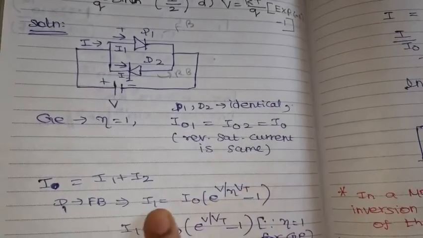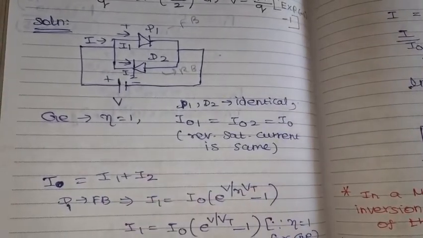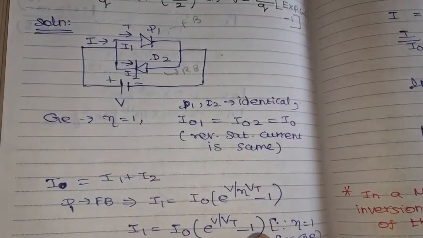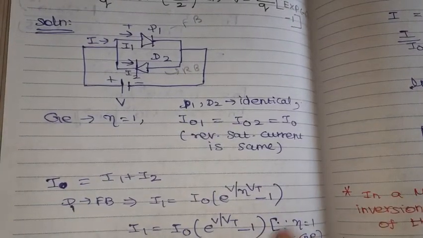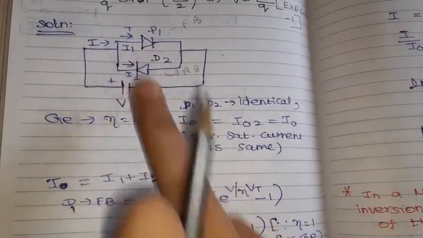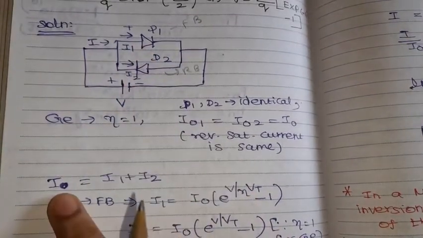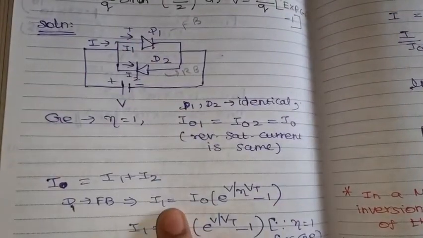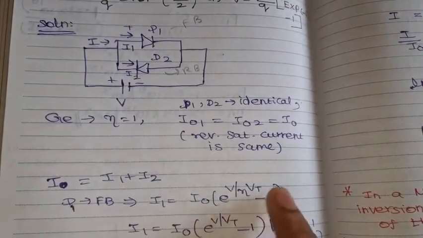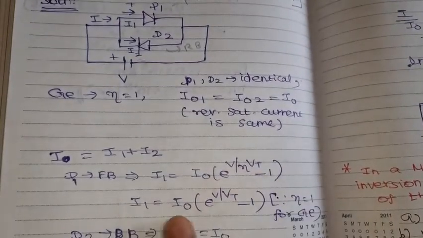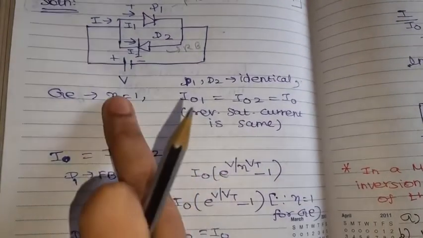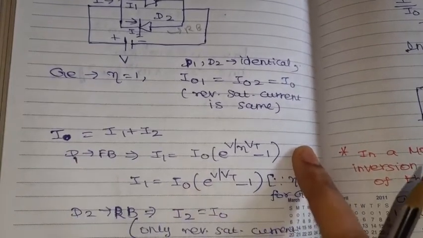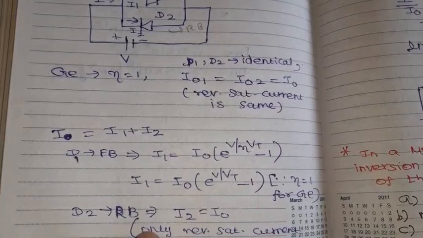For the forward bias diode we can use the general diode current equation, I equal to I naught into e power V by eta Vt minus 1. Here we take I1 for diode D1. So total current I is equal to I1 plus I2. What is I1? I1 is equal to I naught into e power V by eta Vt minus 1, with eta equal to 1 for germanium, so V by Vt minus 1. Then the diode D2 is reverse biased.